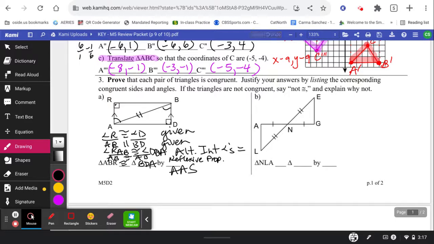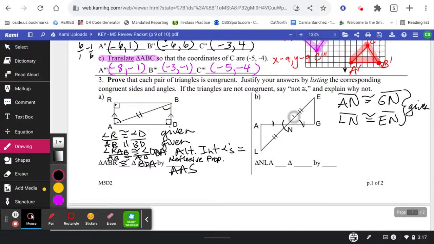Okay, next one. Do you see how in this picture they told us that AN is congruent to GN from this marking right here? And they also told us that LN is congruent to EN. And so both of these were given. And then we can also state that these angles are congruent by vertical angle theorem.